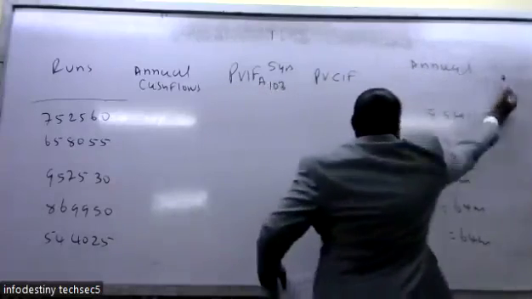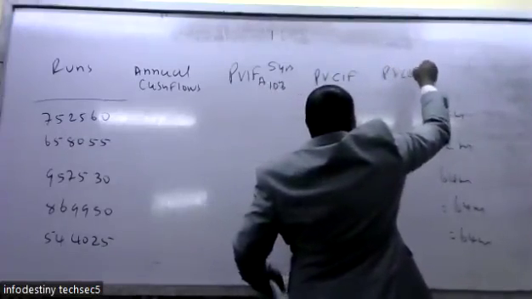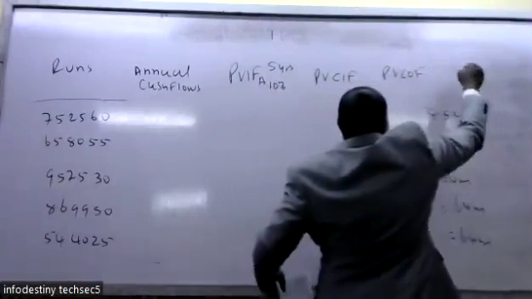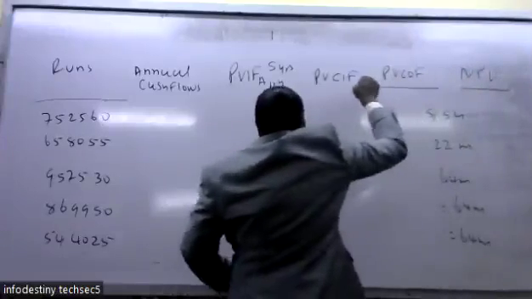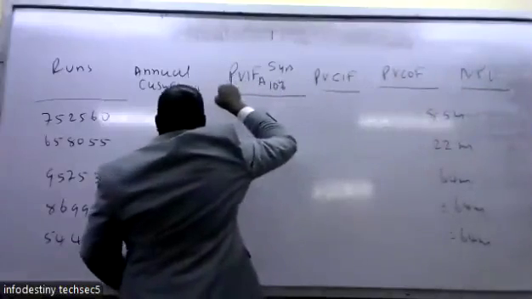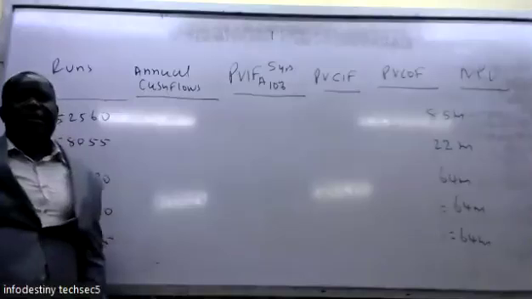Then you will be required to subtract the present value for the cash outflows so that you get the NPV. We can summarize it in that order.